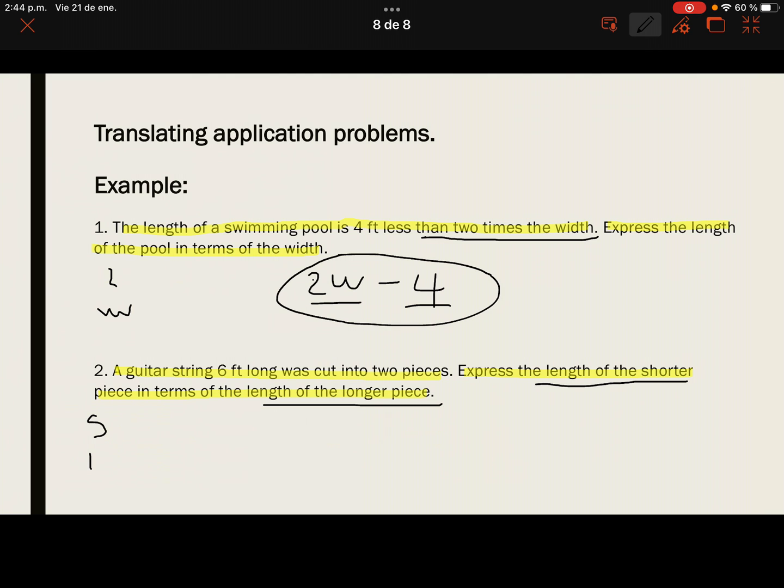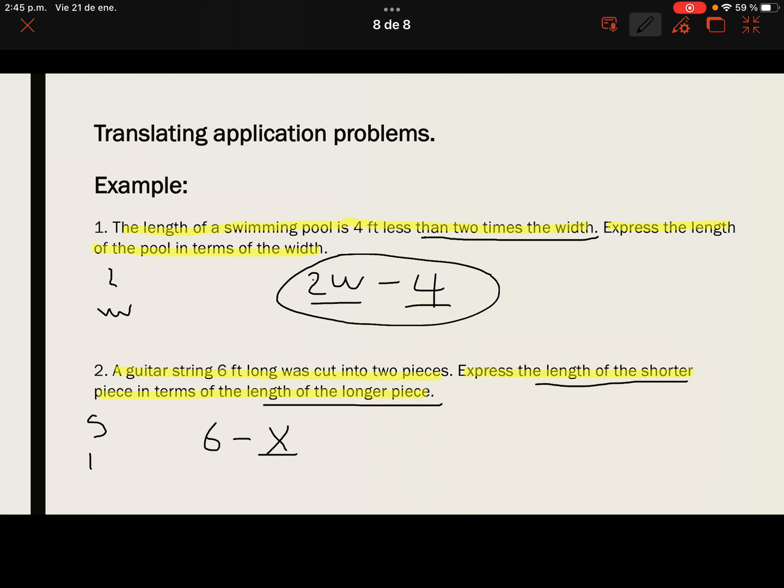If the total length of the string is 6 feet, then one part is cut, for example, X. X represents the measurement of the longer piece.